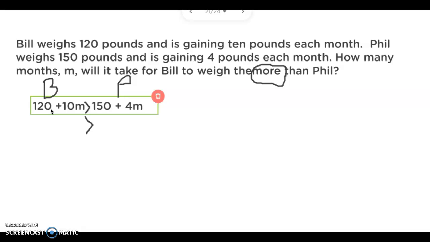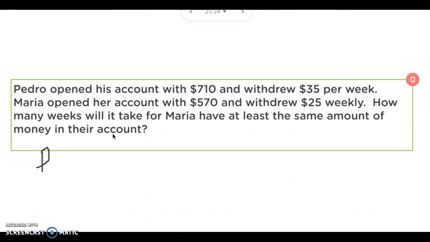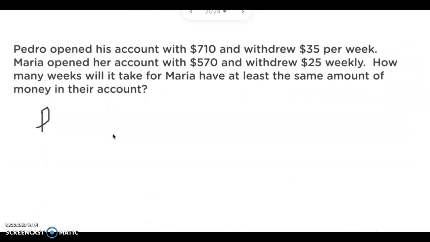This one says Pedro opens his account with $750, and he's withdrawing $35 a week. Let's go ahead and start documenting this. We have a P for Pedro, and then we have Maria.